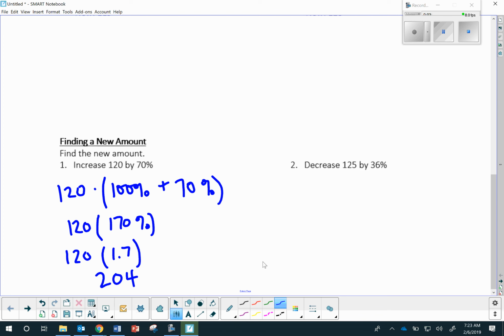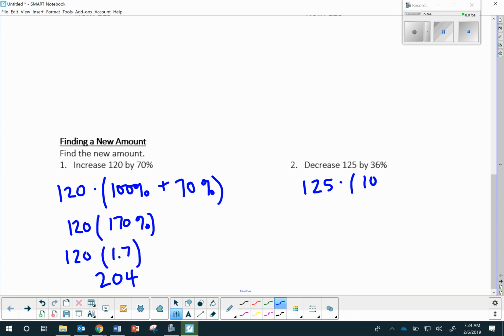Again, if you were to look at that, you can see that it would make sense. 70% on top of 120 equals 204. Okay, this next one, we're going to do the same thing. However, now we're doing a decrease. So we're still going to multiply our original amount of 125. And you probably have guessed it already.